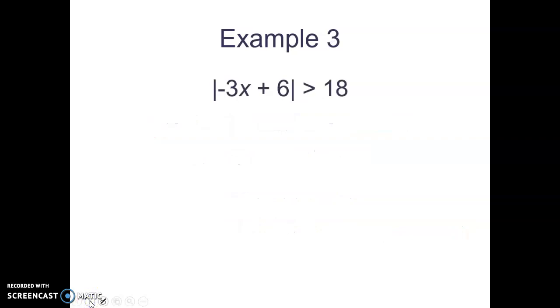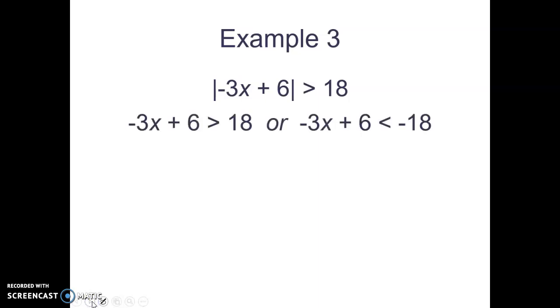Example 3 says the absolute value of -3x plus 6 is greater than 18. Step 1, let's go ahead and set that equal to 2 different inequalities. -3x plus 6 is greater than 18, or -3x plus 6 is, flip that sign, less than -18.